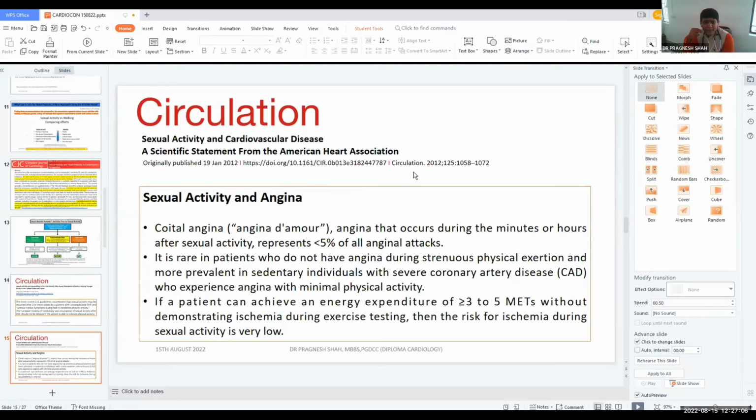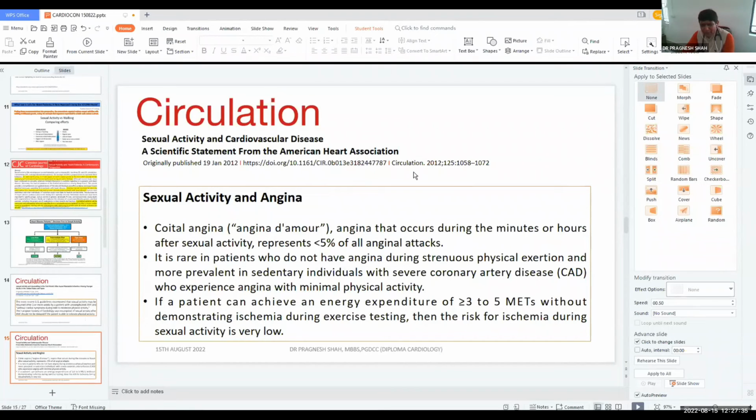About sexual activity in angina, they said that coital angina, also known as angina of Daimler, which occurs during the minutes or hours after sexual activity, represents less than 5% of all angina attacks. It is rare in patients who don't have angina during strenuous physical exertion, and more prevalent in sedentary individuals with severe coronary artery disease who experience angina with minimal physical activity.